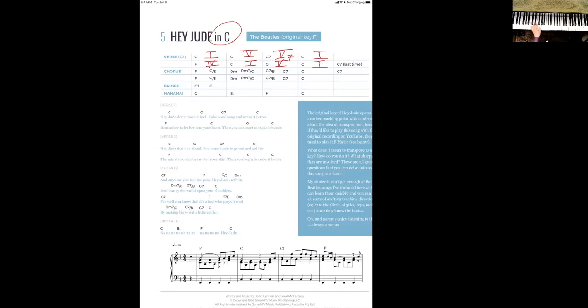So the easiest one is just play the root for the C major and then go to G, G7, C, and F, C, G, C. I would say the second easiest one would be just playing the triads at the root position.